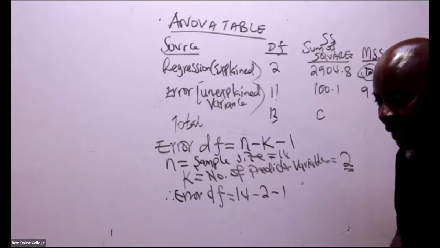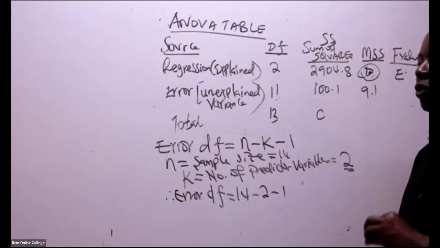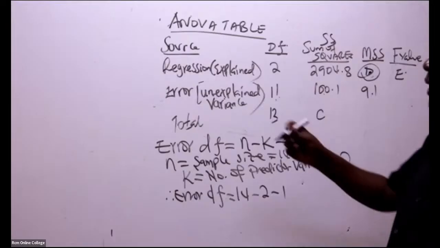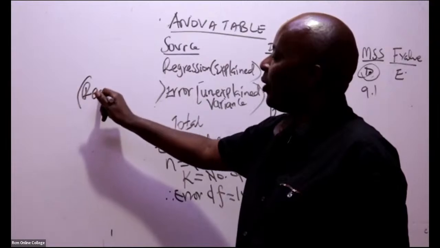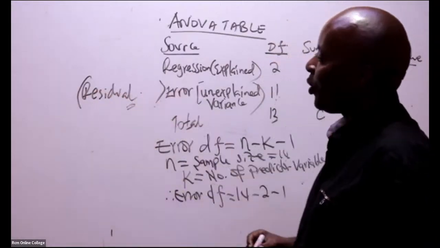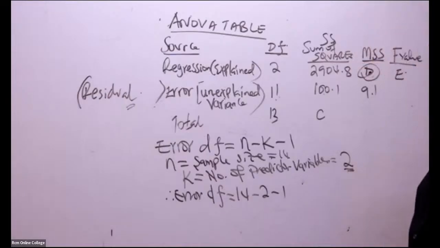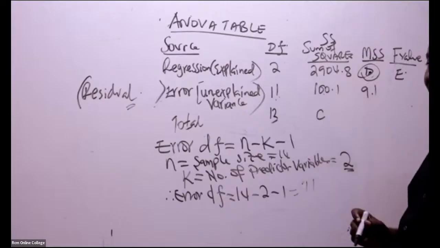Thank you so much, Nancy. Yes, error is the same as the residual degrees of freedom. You guys are very bright. Remember, residuals are errors. So this gives me 11. That's how they got 11.